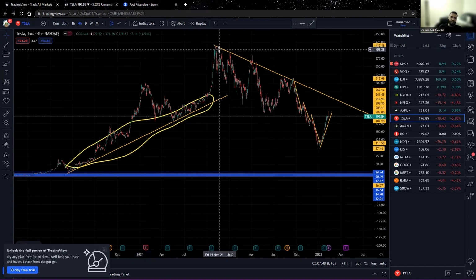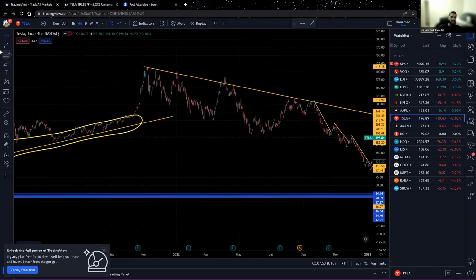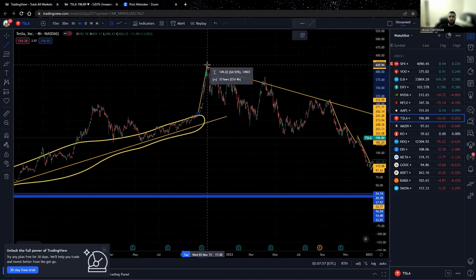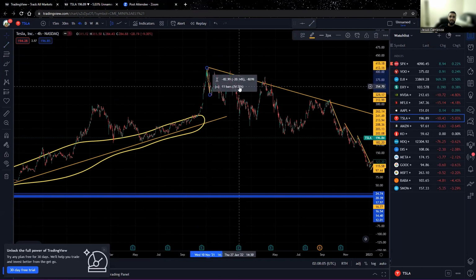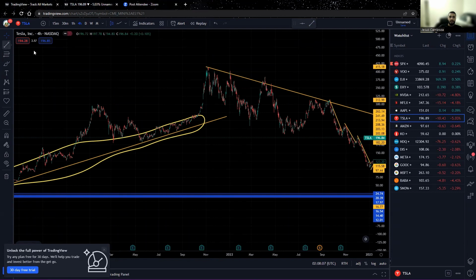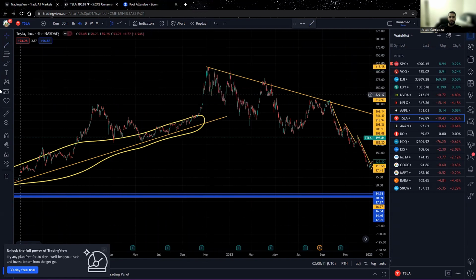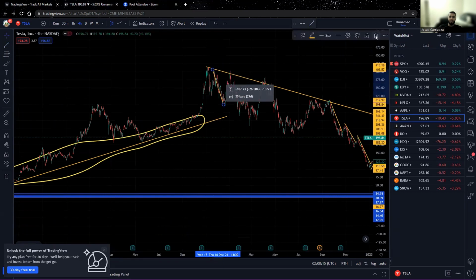If you get crazy moves like this, look at the types of moves you get when there's hype and euphoria, right? 55% in 22 days, then 20% in 7 days, 25% in 7 days, 25% in 29 days.